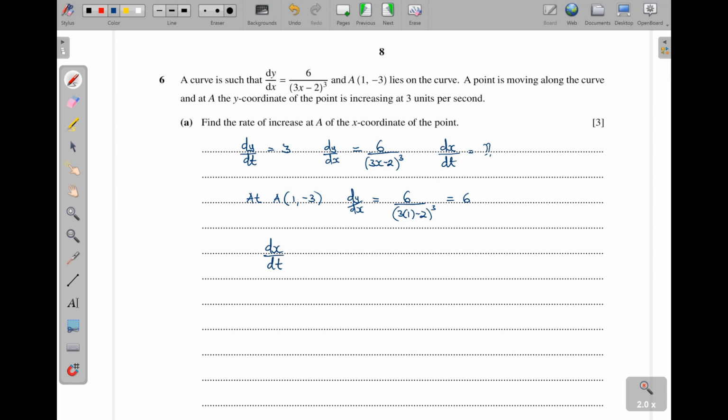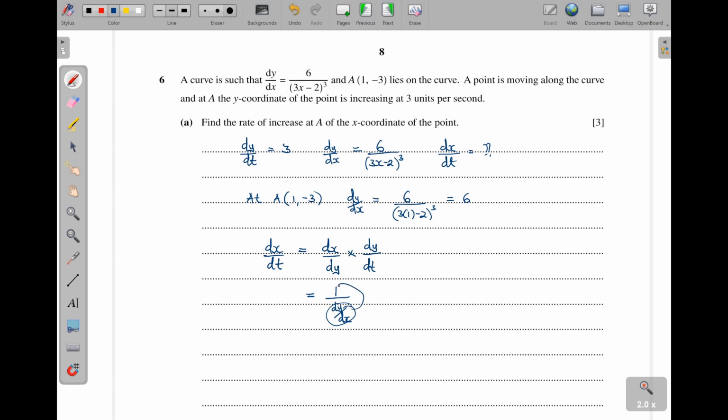Now, how do we get dx/dt? Here we use the chain rule. I will put dx/dt, and x and y are connected, so I say dx/dy times dy/dt, such that the dy can cancel. Now, dx/dy is the same as 1 over dy/dx, because it just somersaults.